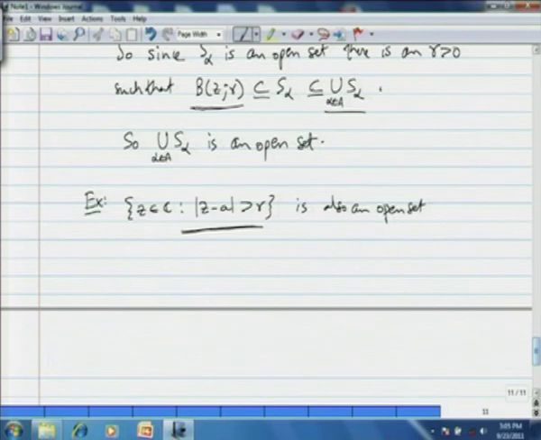So, using this example and the earlier example, I want to say that the following is also an example of an open set.